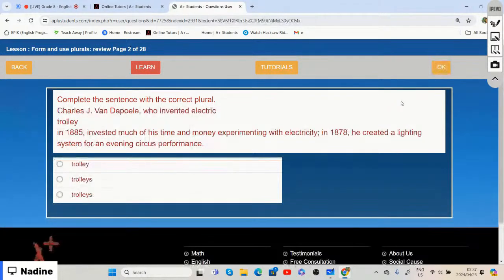Charles J. van der Poel, who invented the electric trolley in 1885, invested much of his time and money experimenting with electricity. In 1878, he created a lighting system for an evening circus.